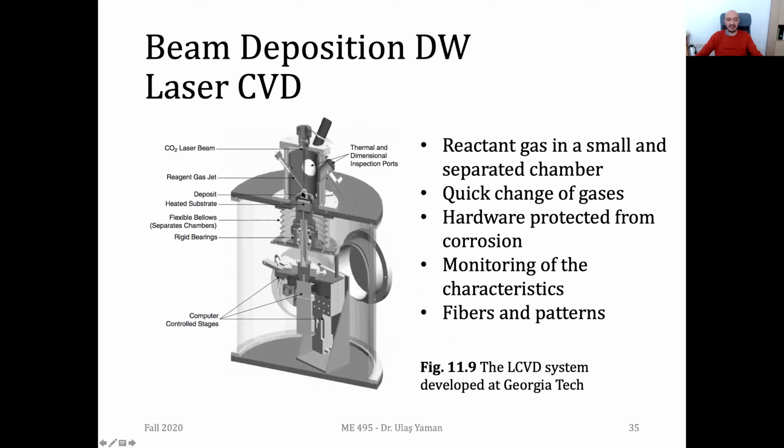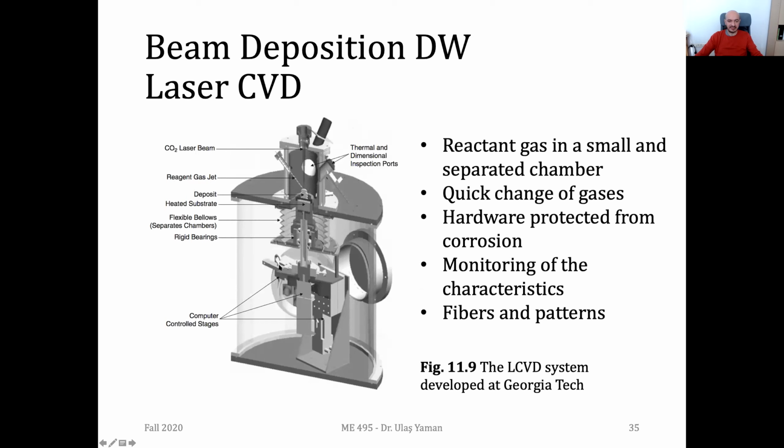And you see that we have a highly complicated system. We have a carbon dioxide laser beam, some gases are jetted here, and we have the substrate here, and with the help of the laser, this material is heated and then deposited on the substrate. Underneath we have some other controlling mechanisms, since this is a table or a build plate, you can say.